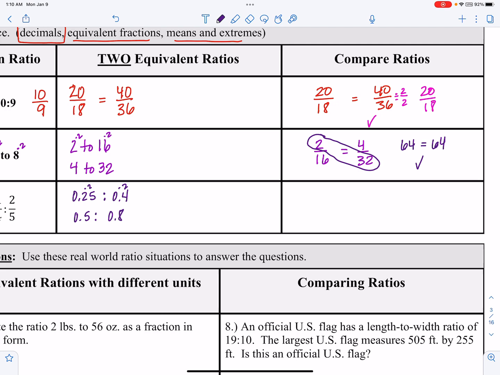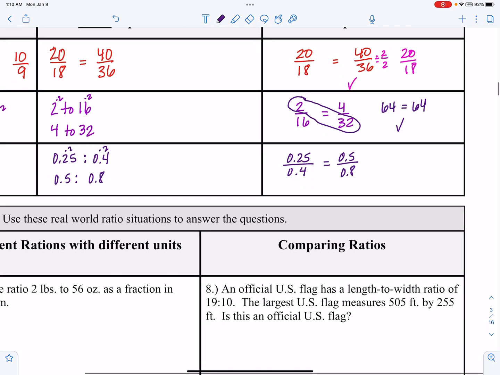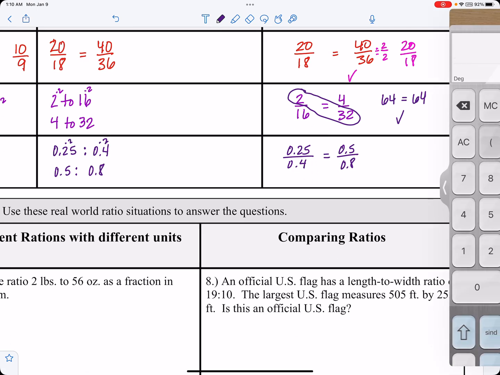Let's go ahead, or our two equivalent ratios, let's go ahead and write them over on the side. So I have 0.25 over 0.4, and we're setting it equivalent to 0.5 over 0.8. So now what we can do is go ahead and actually do our third method for comparing ratios, which is just divide the fractions and see what the decimal is.